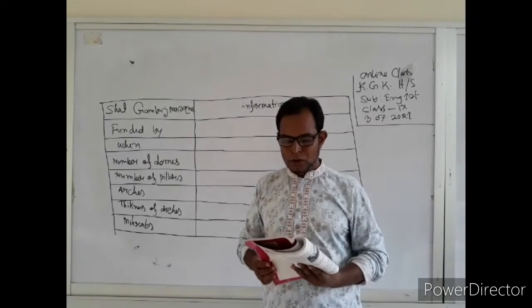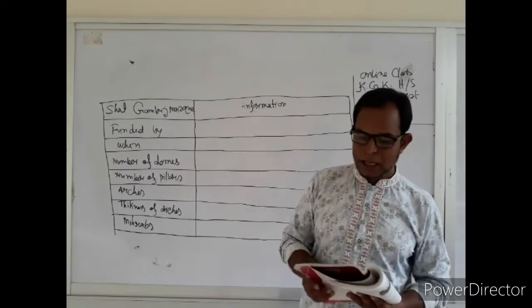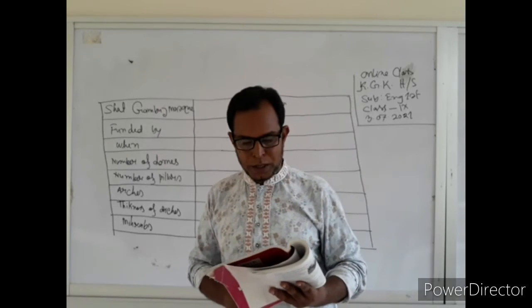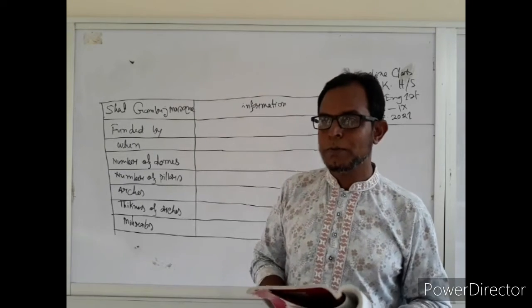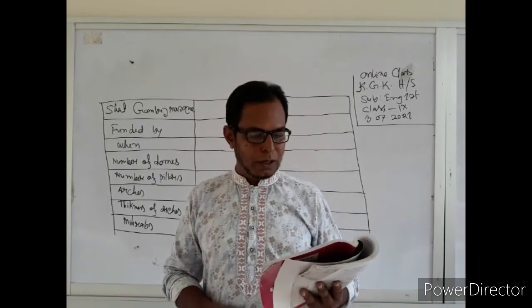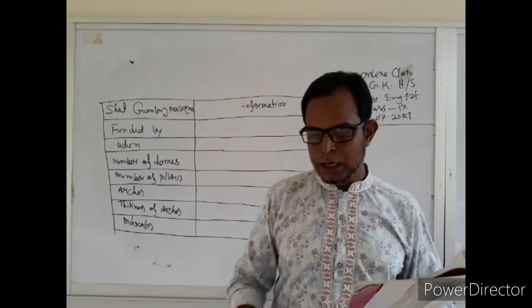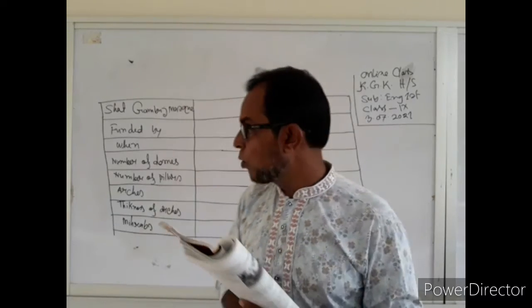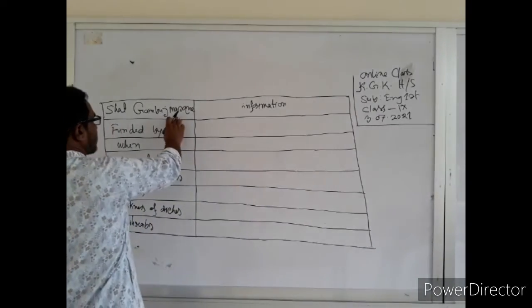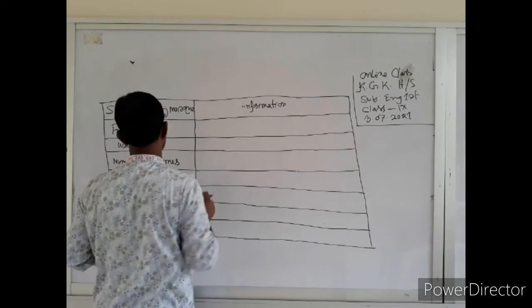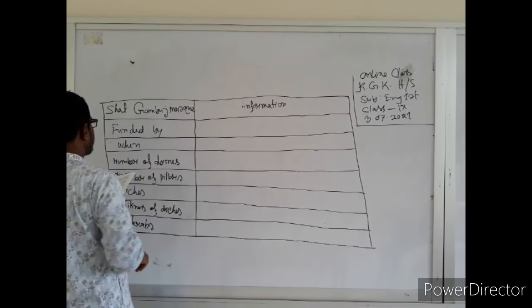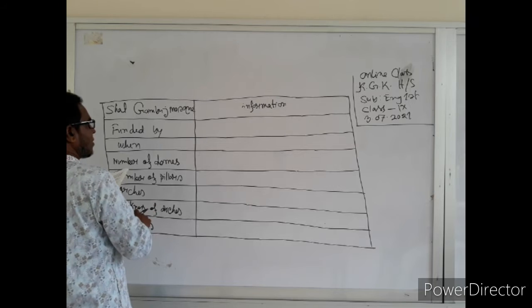Dear students, we read the passage and we fill up some information about Shait Gumbad Mosque. Dear learners, look at the board. Shait Gumbad Mosque and its information. Some information is given.